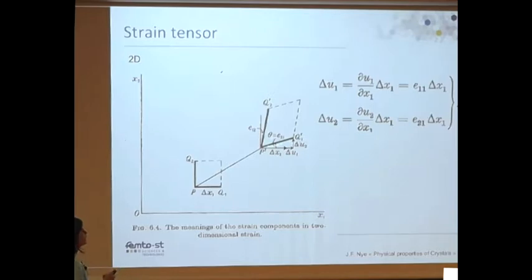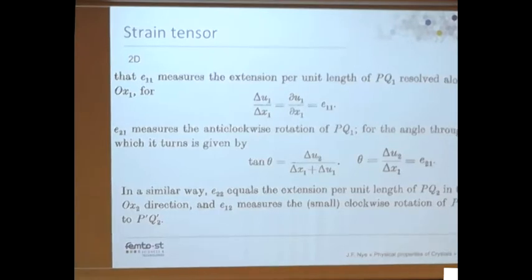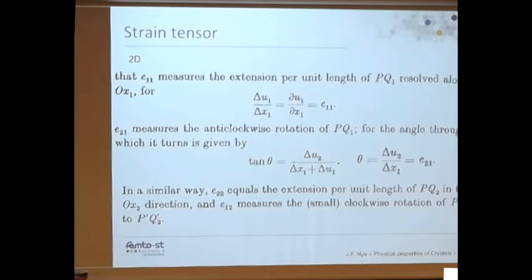So it will describe this component delta u2, along direction y, of the initial dimension x1. So it will be your component 2, 1. And as we work with very, very small deformations, this elongation with respect to the length will give you an angle. So this component represents rotation of your axis.